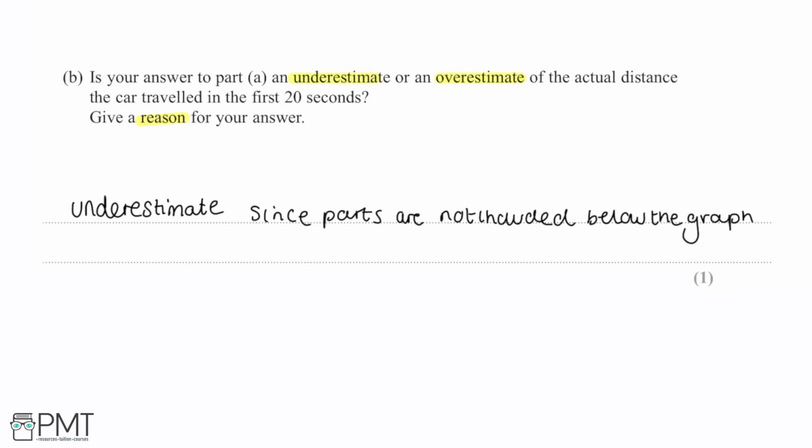It might make sense to put the word some in here. So some parts are not included below the graph when they should be to get the accurate distance. So therefore it's an underestimate because not all of the area has been taken into account. So that gets us the mark here. We have to make sure that we state it is an underestimate and then go on to explain why.